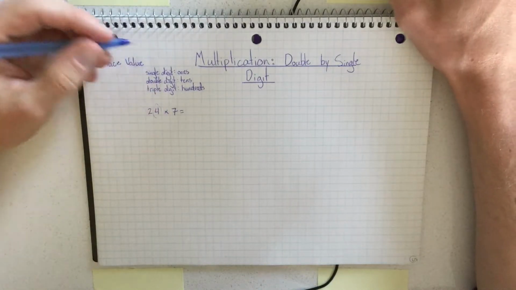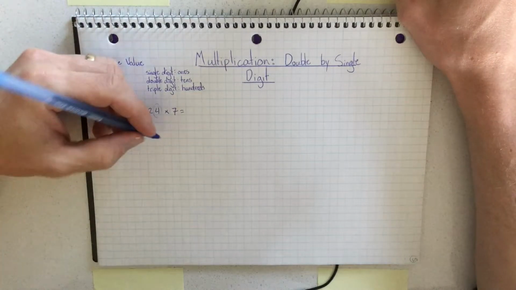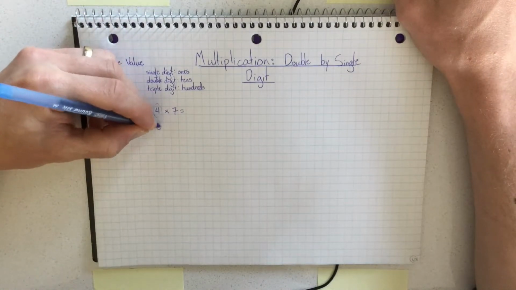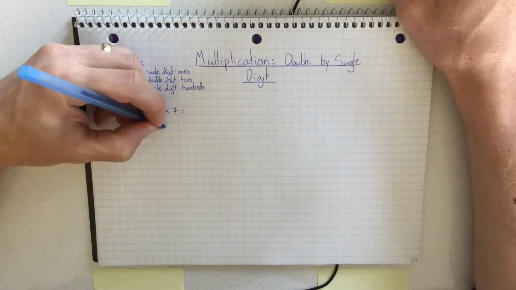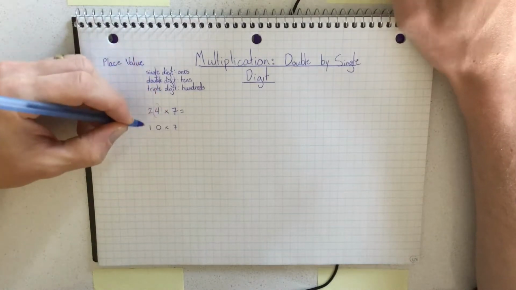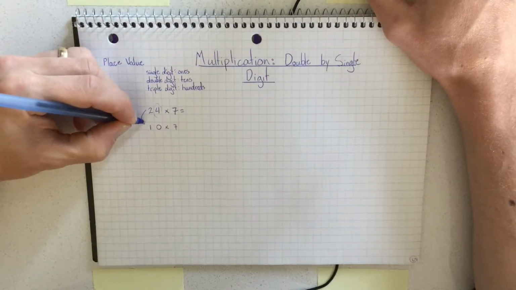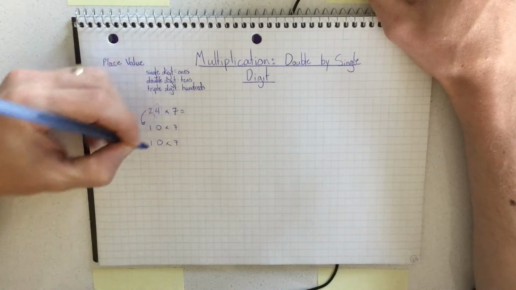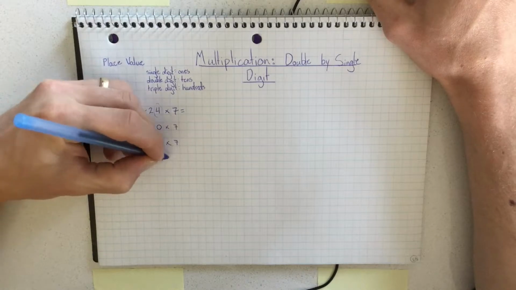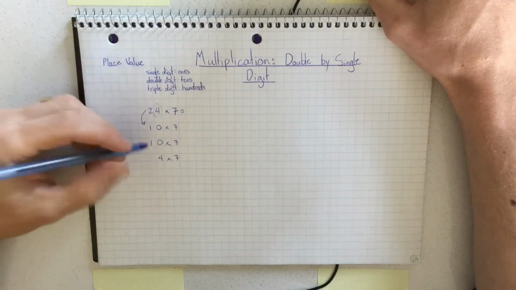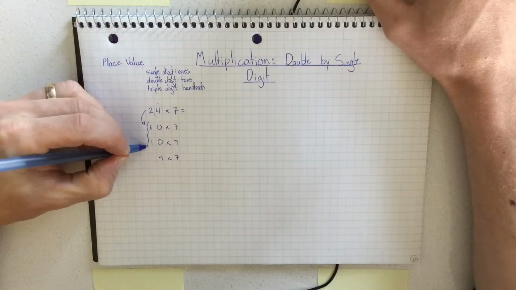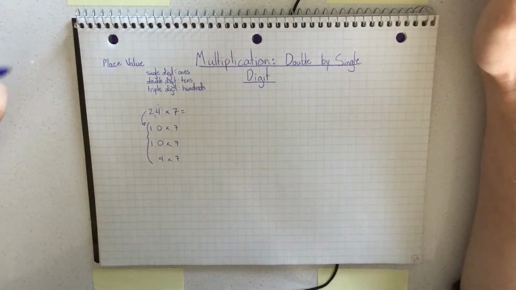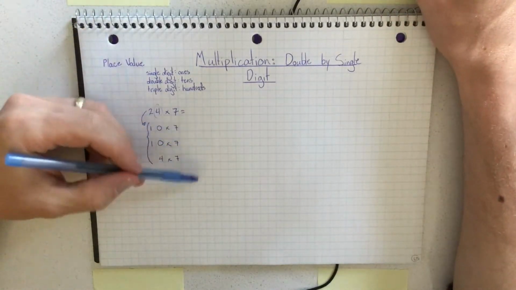So let's break this down into some friendly factors. 24 I can easily break down into 10, 10, and 4. So this process means I'm going to be solving 3 separate operations, and at the end we're going to add the products together.